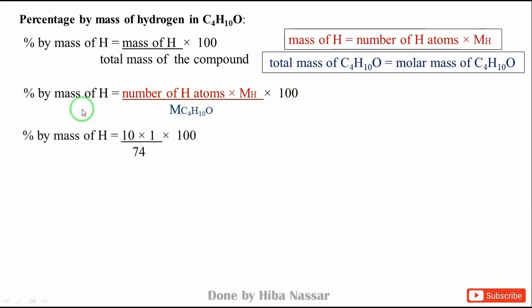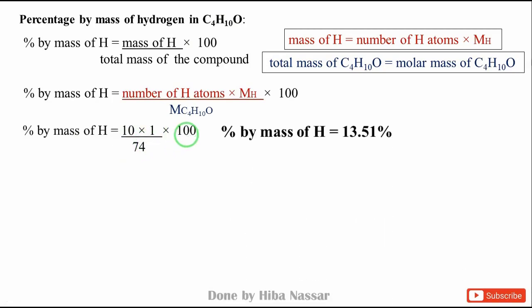So percent of hydrogen is found to be equal to 10, which is the number of hydrogen atoms, times the molar mass of hydrogen in gram per mole divided by the molar mass of butanol times 100, and it's equal to 13.51%.